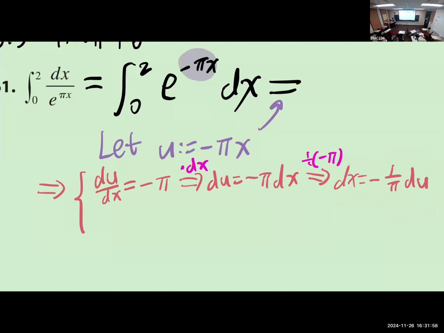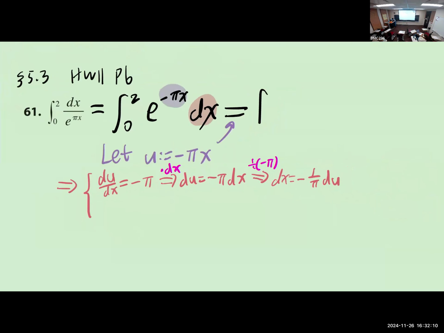That is to say, we can replace this dx in the original integral by negative 1 over pi du. So next, we write this integral as e to the u dx. Now dx is negative 1 over pi du, so negative 1 over pi du.